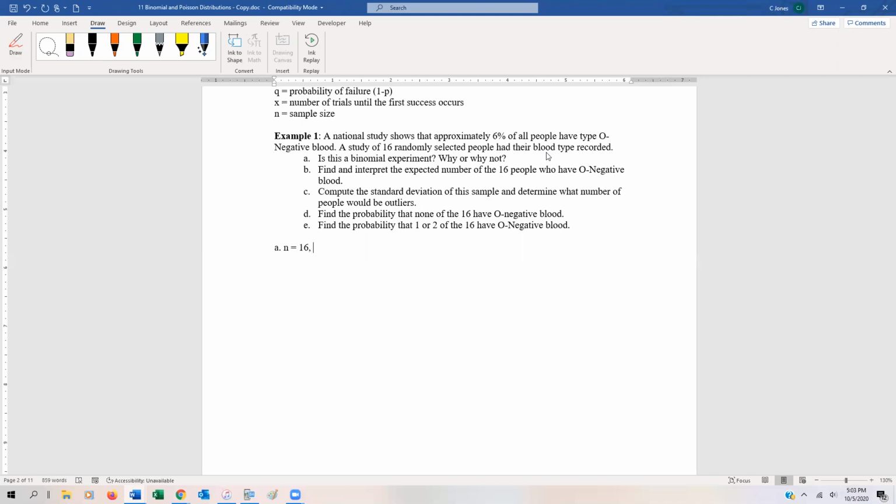Independent. Okay, so is my blood type contingent upon some stranger's blood type all the way out in Wisconsin? Certainly not. So blood type for randomly selected people, and again, we always go with randomly selected, is independent.